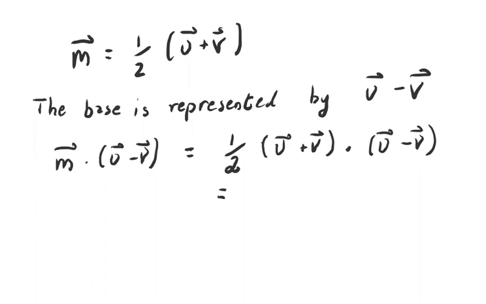It's U dotted into U plus V dotted into minus V plus V dotted into U minus U dotted into V. And your answer should simply be the norm of U squared minus the norm of V squared.